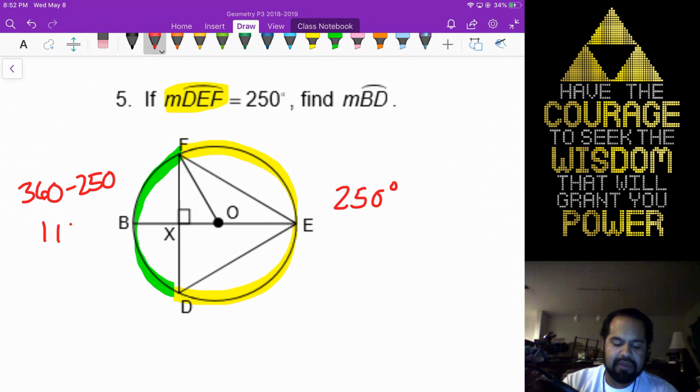So that's going to give you 110 degrees. Now it says the measure of BD. Well, BD is just this arc here. And since these two are congruent, we're going to say 110 divided by 2. So that's going to give you 55 degrees.